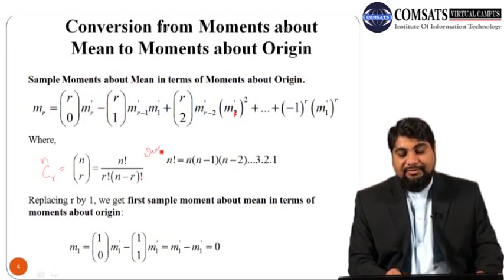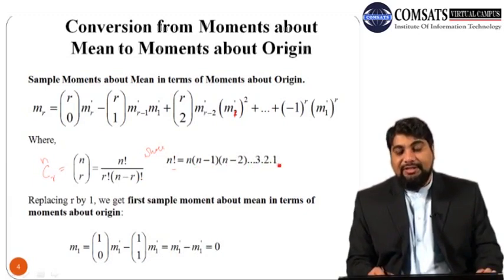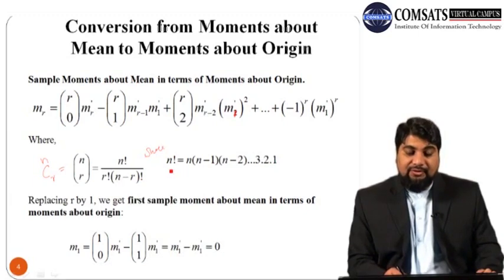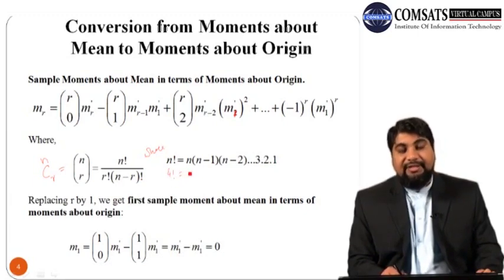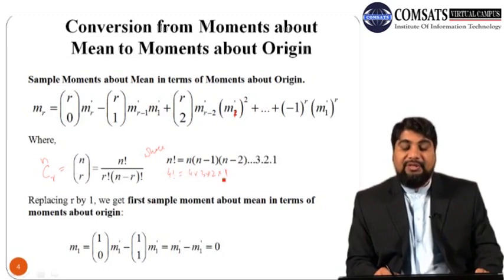So where this n factorial is, it is n into n minus 1 into n minus 2 and so on, 3 to 1. So suppose we are interested in calculating 4 factorial. So by using this formula it will be 4, then 4 minus 1 is 3, 4 minus 2 is 2, and then 4 minus 3 is 1. So we have to go up to 1.